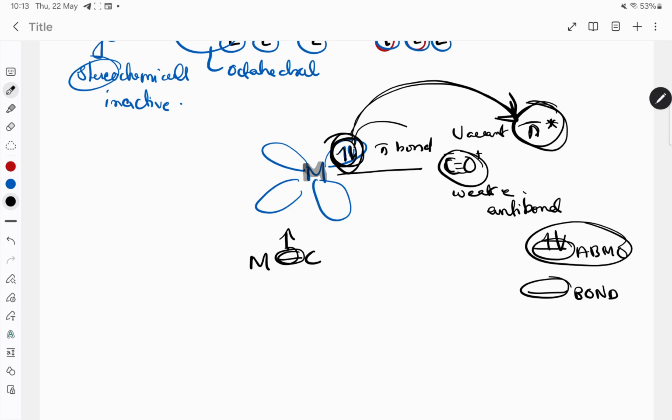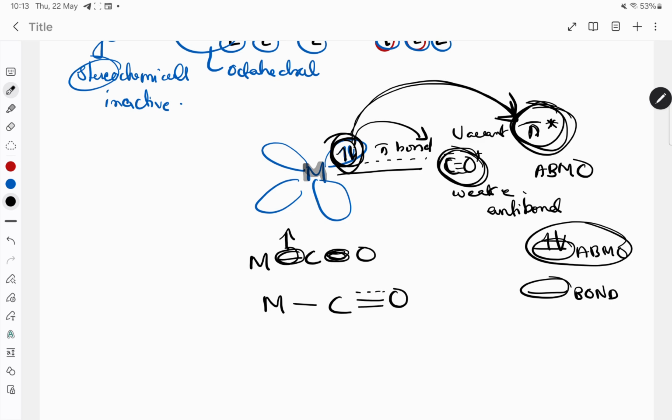The metal gives electrons to the pi star anti-bonding molecular orbital, so the pi bonding character in CO becomes weaker, and the metal-carbon bond gets an additional pi bond. So the metal-carbon bond strength increases and the C-O bond strength decreases.